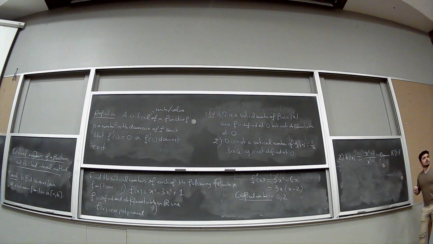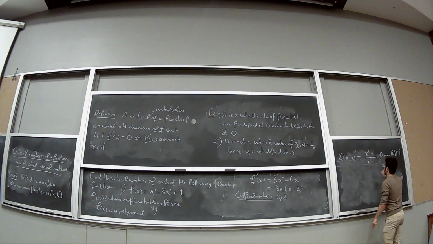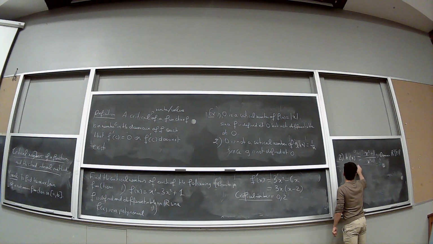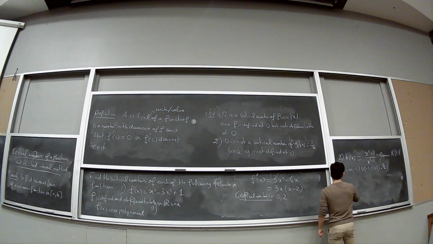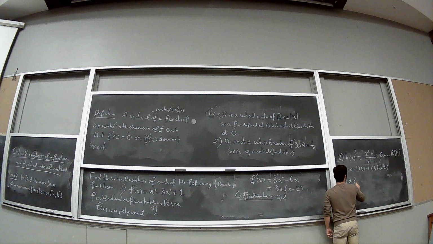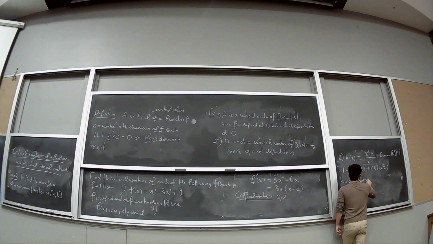Have you seen this set-minus notation before? It means minus infinity to minus 1, union minus 1 to 1, union 1 to infinity. Basically, all real numbers that are different from 1 and minus 1. Okay? That's the domain. Now, is h differentiable at every point in its domain? A rational function is differentiable at every point in its domain, right? We have seen this. So h is differentiable on its domain, and what is h prime of x?